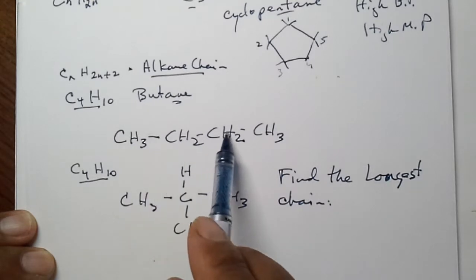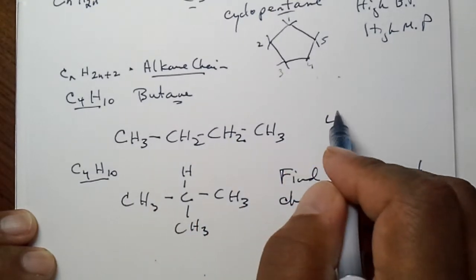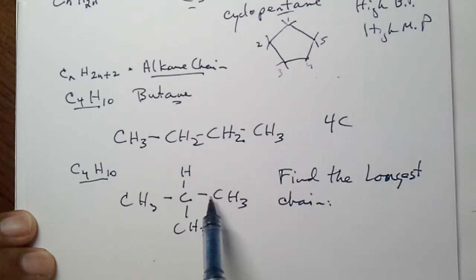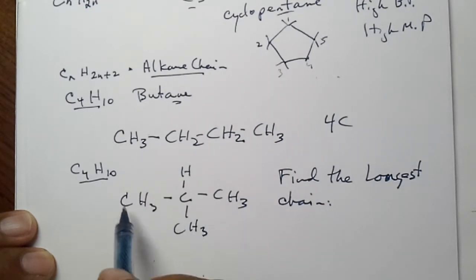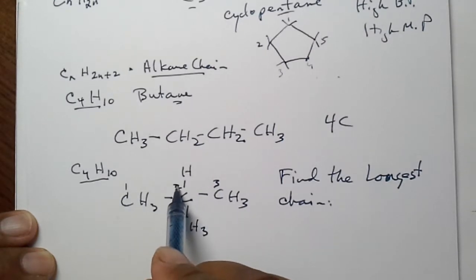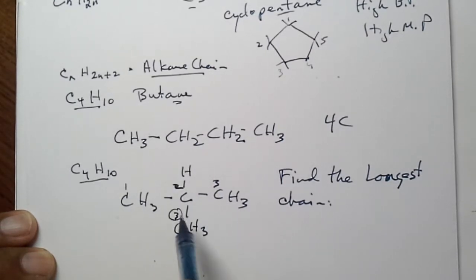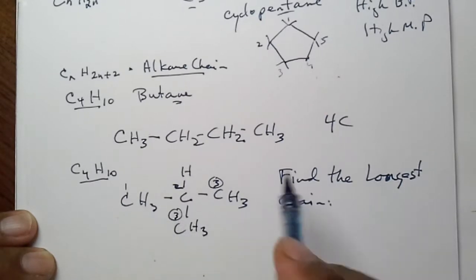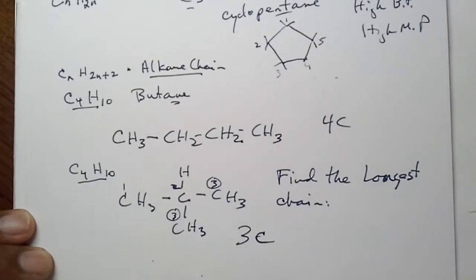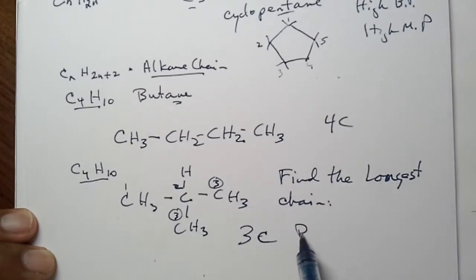So the longest chain here is obviously 4 carbons, making this butane. The longest chain here, regardless of how you look at it, 1, 2, 3, or 1, 2, 3, either one, you have 3 carbons in the chain. And what's a 3 carbon chain? That's propyl.